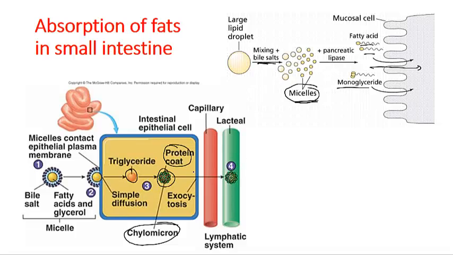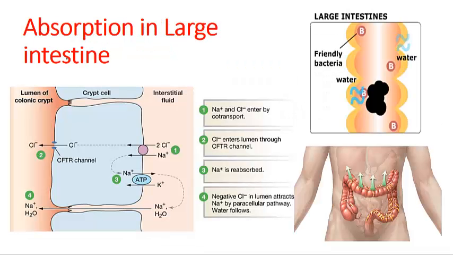Now the last thing that I want to talk about is the absorption process that takes place in the large intestine, because the large intestine is not responsible for chemical digestion, neither is secretion its function. So the only function it plays is the absorption of nutrients, absorption of water, and absorption of some amount of ions and vitamin K. So there's a kind of symbiotic relationship with some bacteria that reside in our large intestine.